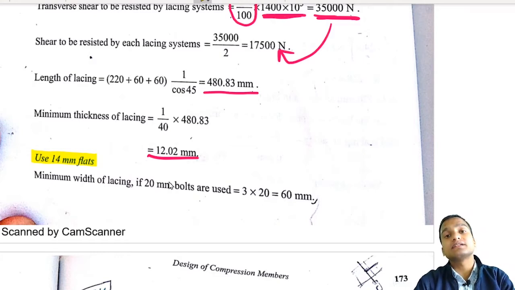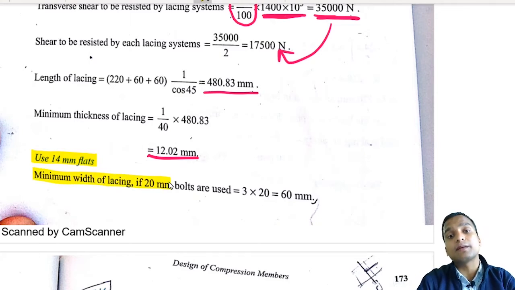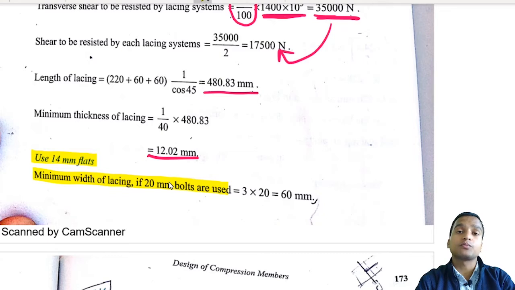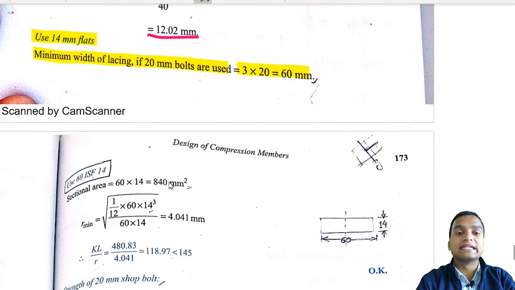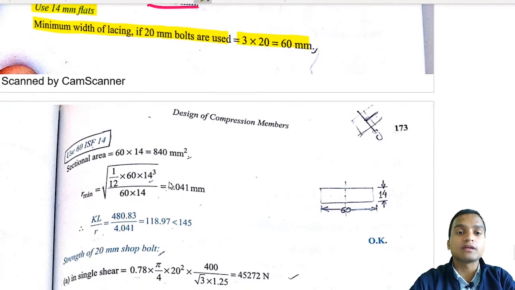Now we have to decide how much width of the flat section we have to use, and if we are going to use M20 bolts, we have to provide at least 3 times the diameter of hole. So that's why we have chosen a 60 mm width Indian standard flat of 14 mm thickness.